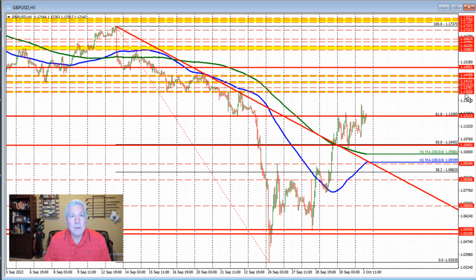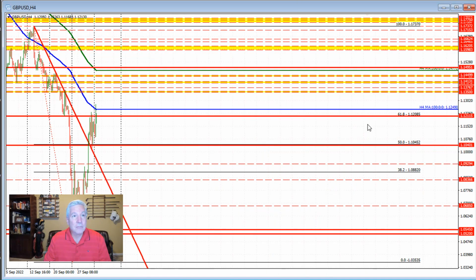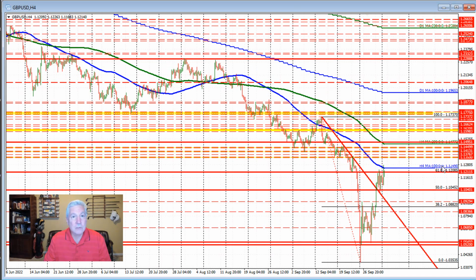Those levels come in around the 113.50 to maybe 113.60 area through here, where we had a bunch of different lows. So a couple things to get through here on the top side for the pound versus US dollar: 112.49, the 100 bar moving average on the 4-hour chart, and then the 113.50 to 60-ish area, which is this low and swing low and swing high level here on the top side.